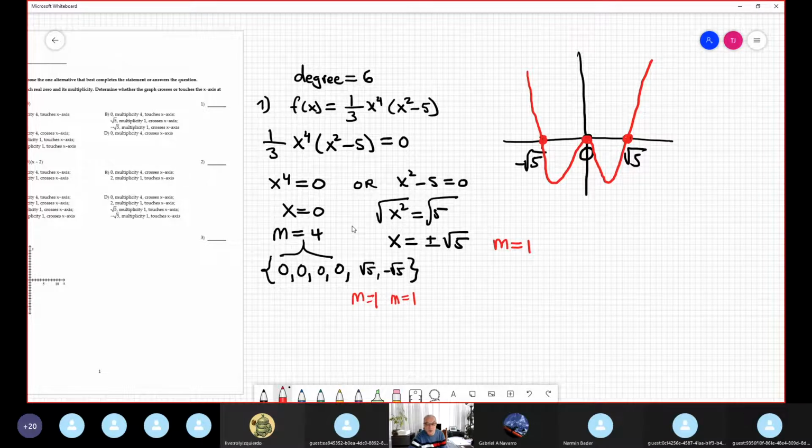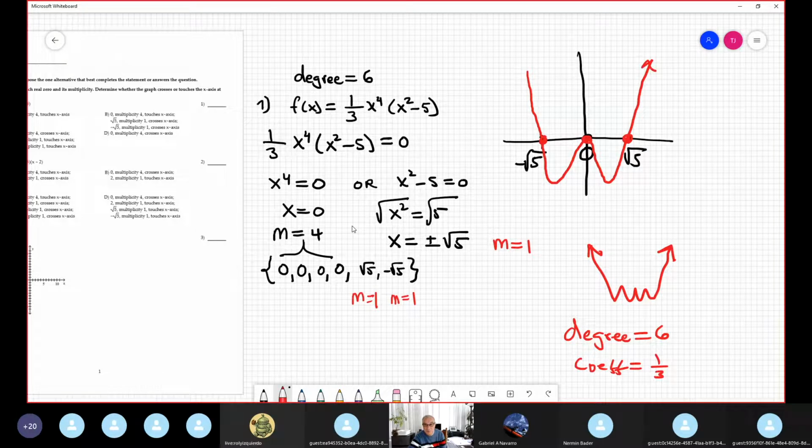And the end behavior of this polynomial is obvious, it looks like that, because it's degree 6, even, and the coefficient is positive, which is 1/3. This is the end behavior. This matches perfectly. Any question?